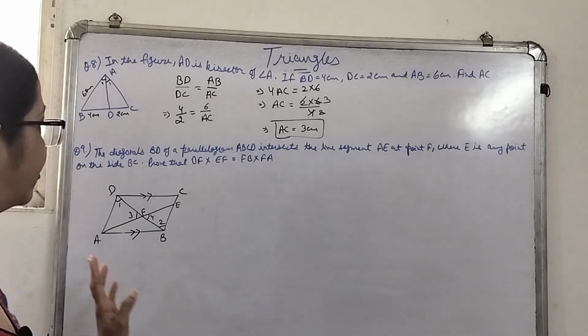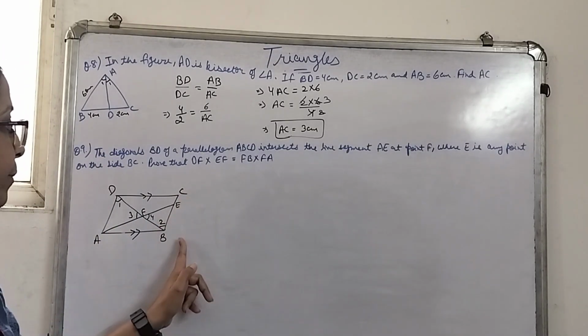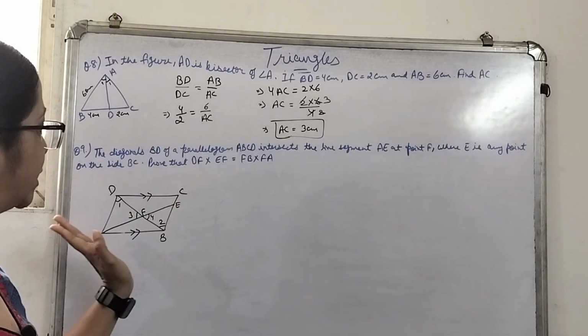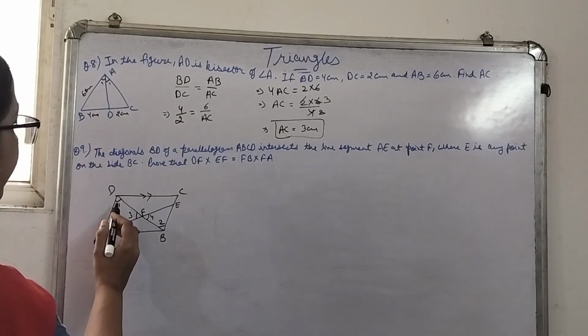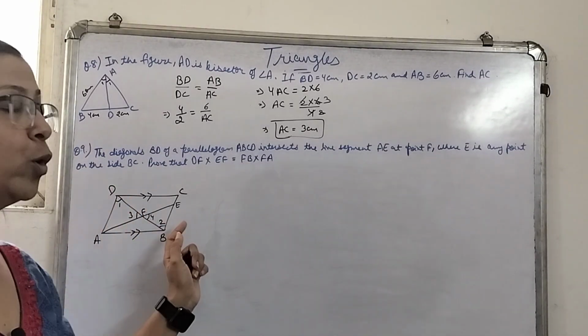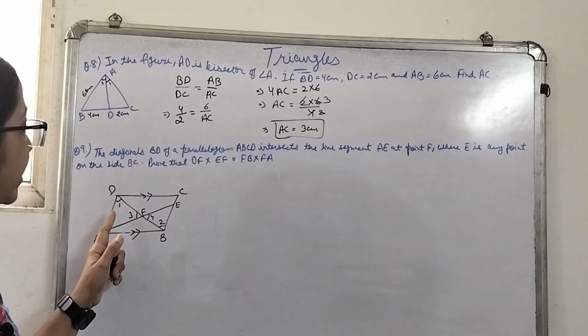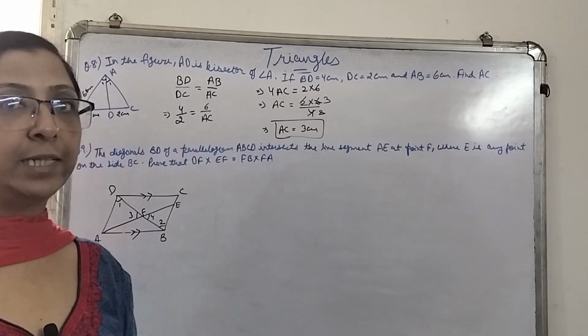Because AD is parallel to BC, it is a parallelogram, so opposite sides are parallel, angle 1 will be equal to angle 2 because they are alternate angles. Similarly, angle 3 is equal to angle 4 because they are vertically opposite angles.